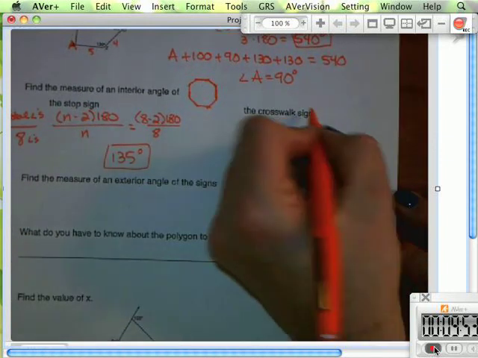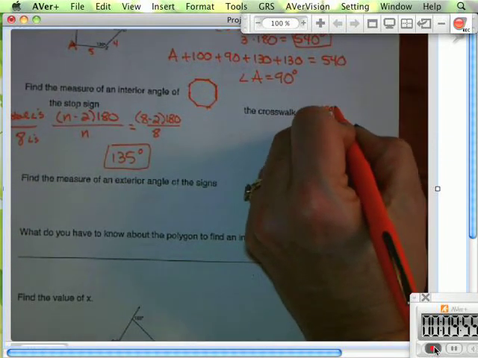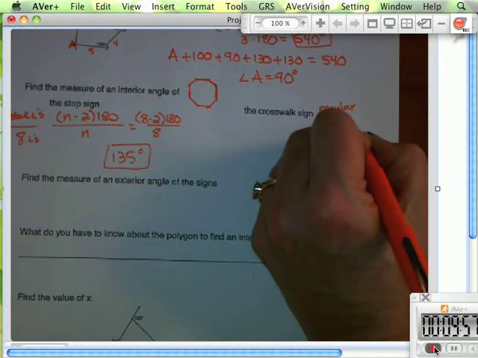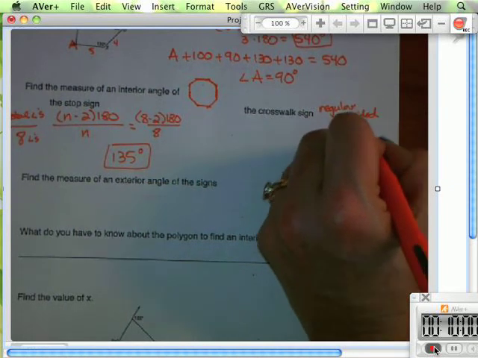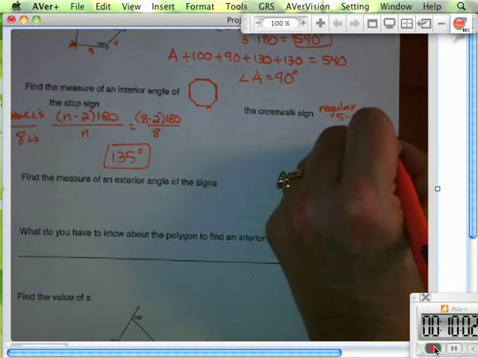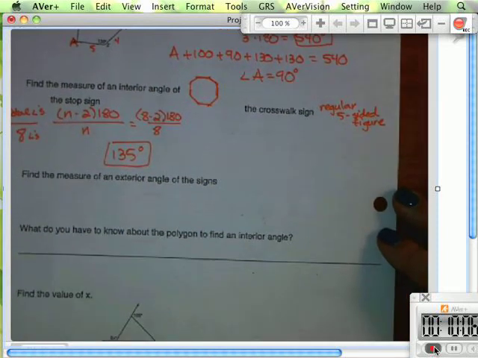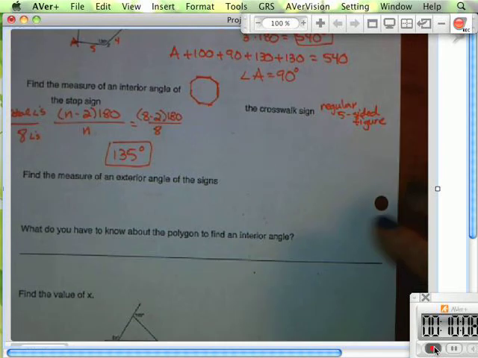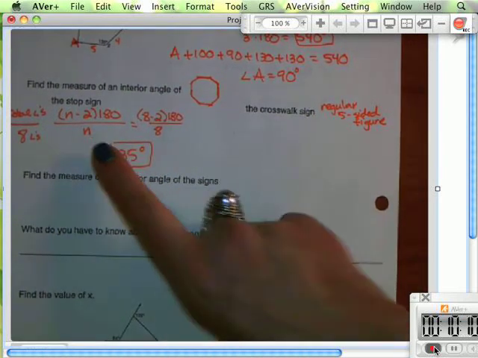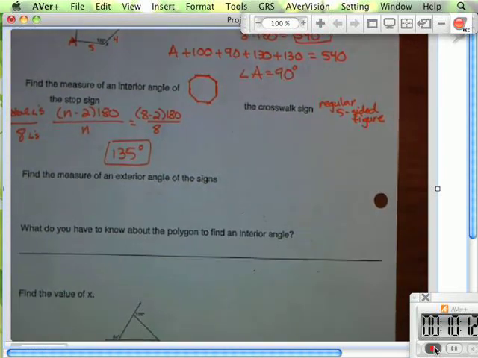Let's just say this is a regular five-sided figure. So I want you to figure out how much one angle is. How big is one angle? If it's a regular five-sided figure, you do it just like this. You find out the total, and then you divide by 5.